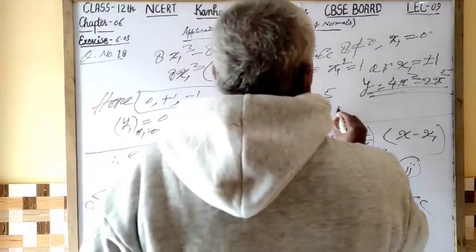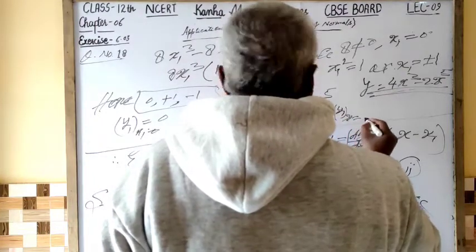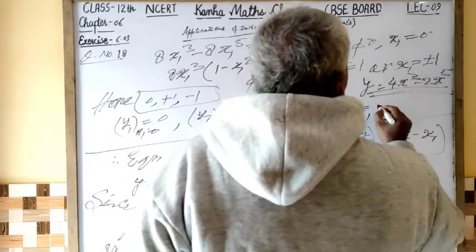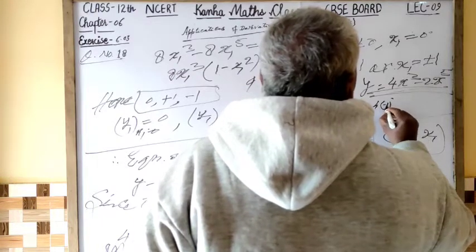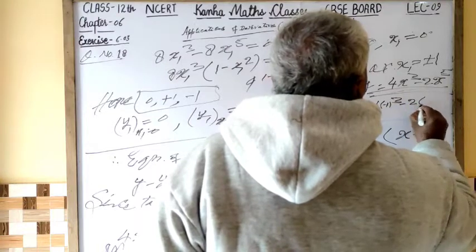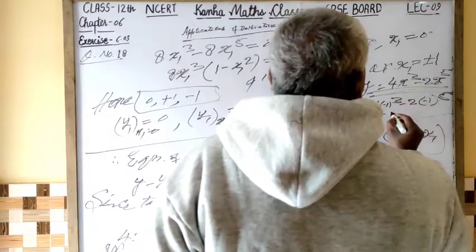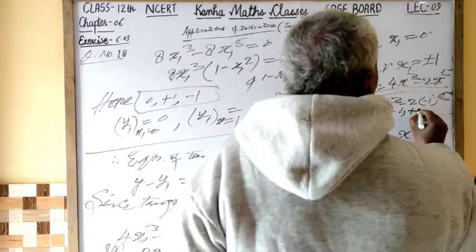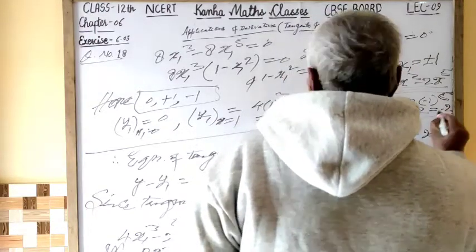And y1 at x is equal to minus 1 will be equal to 4 into minus 1 cube minus 2 into minus 1 to the power 5. This will become minus 4 plus 2, ultimately equal to minus 2.